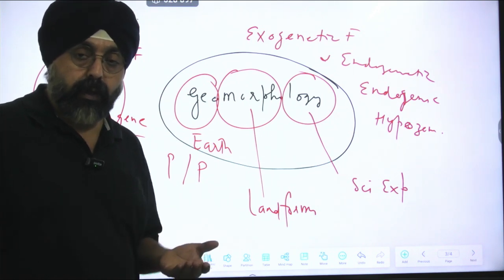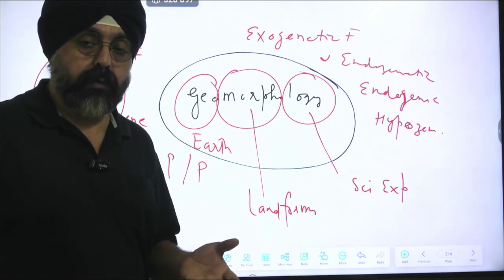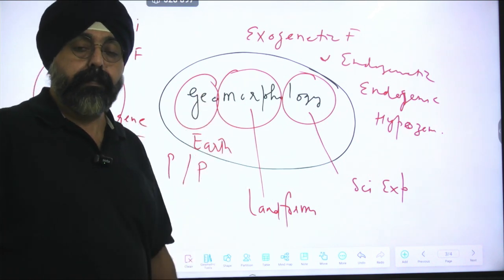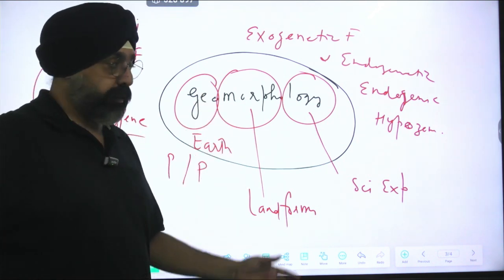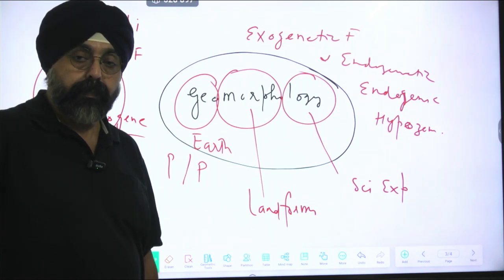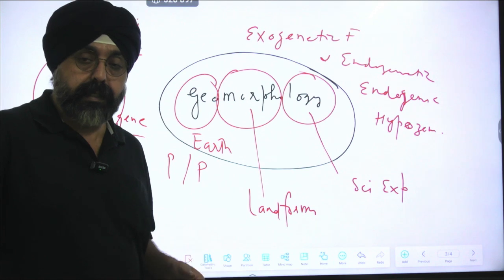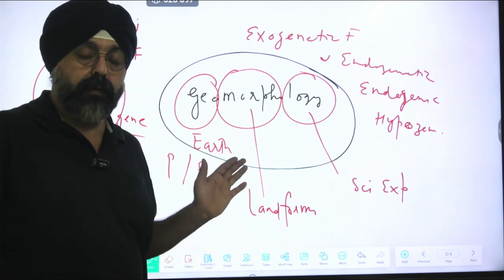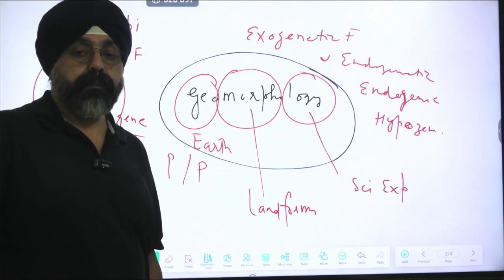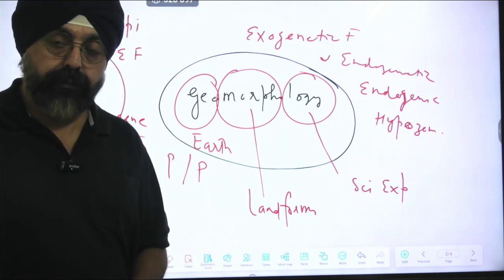The study of first order, second order, third order landforms is called geomorphology. So these are the definitions that you can write. You listen to it again and again, and you'll be able to work out a very good definition there.